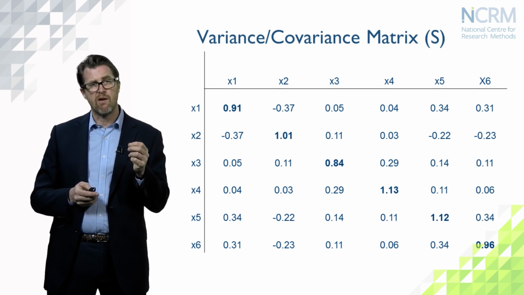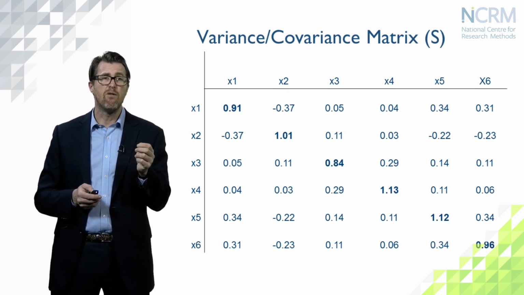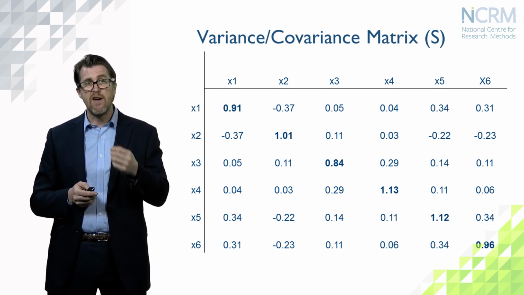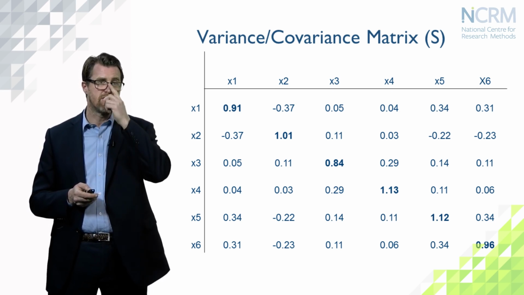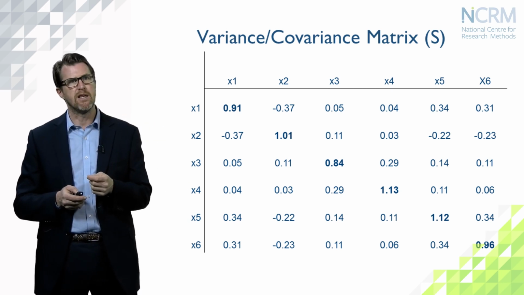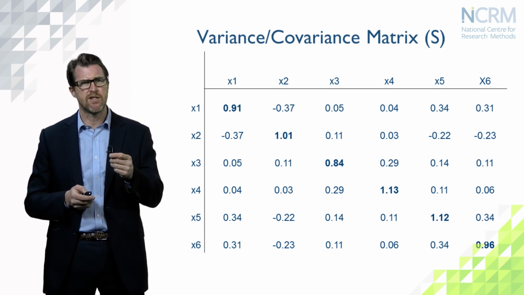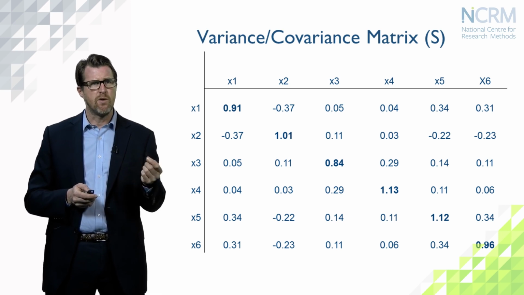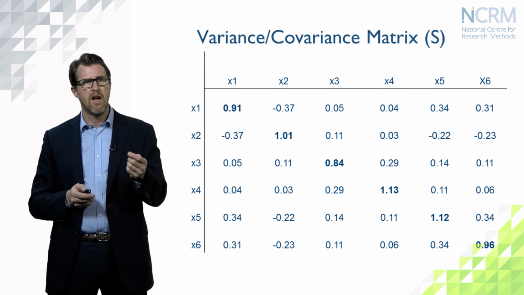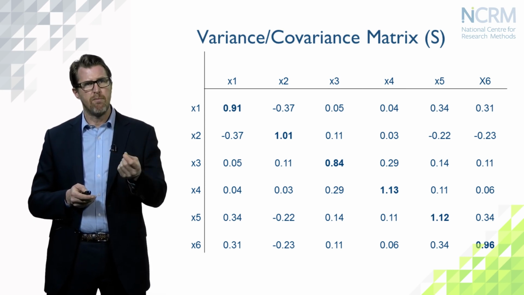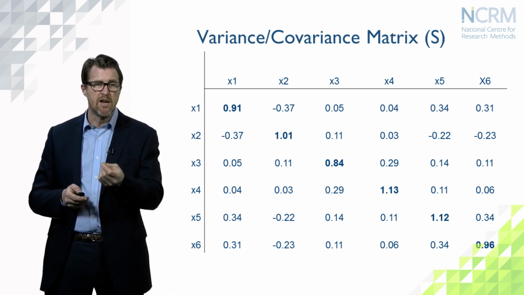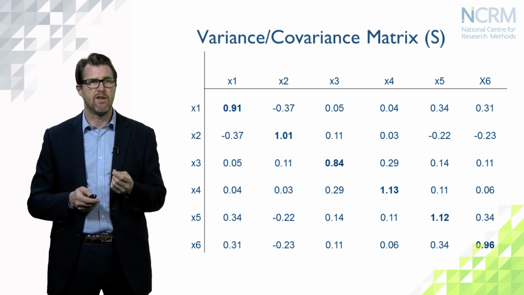So the covariance of a variable with itself, in this case x1 and x1, gives us the variance of that variable. Then we see in the other cells the covariances, which can be negative or positive. And you'll observe that the top part of the matrix is redundant with the bottom part, so we actually only need the lower part of this matrix.